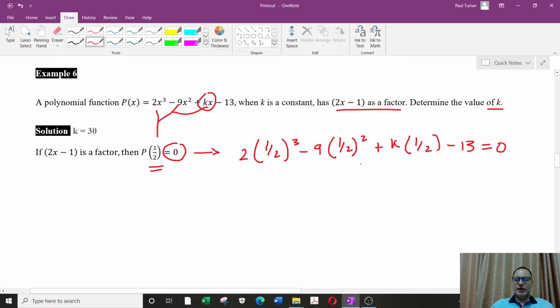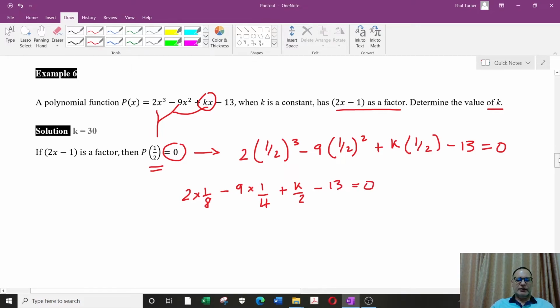So now we have an equation and we need to find this k here. So half cubed is 1 on 8, so 2 times 1 on 8 minus 9 times half squared, which is a quarter, plus k on 2 minus 13 equals 0.